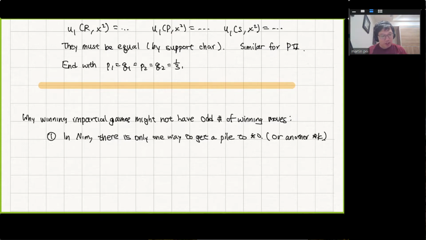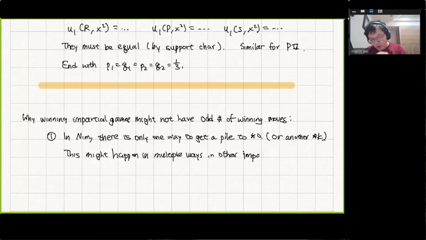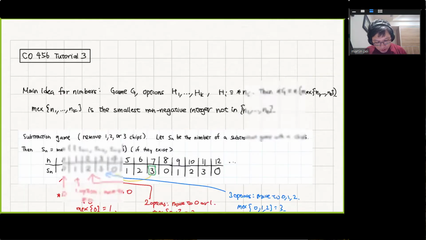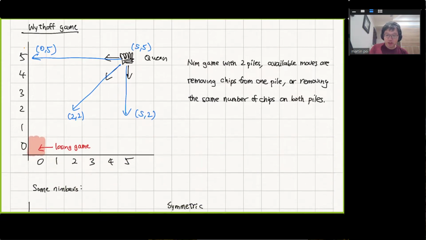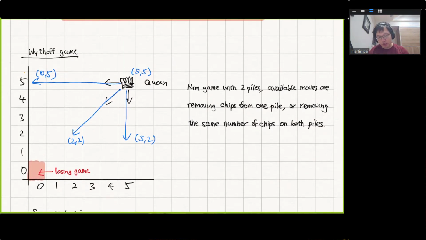However, in other impartial games, there might be multiple ways of getting there. I'll give you an example from the last tutorial, the Wythoff game. You take your queen and move either left, down, or diagonally down.